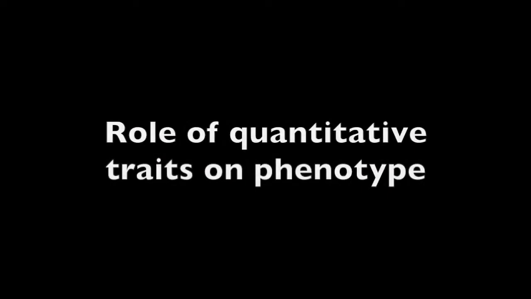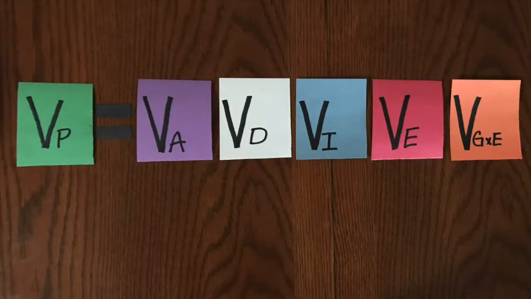Next, we will have Maggie Jean Smith discussing how phenotype expression can be altered by both genetics and the surrounding environment. In order to gain a better understanding of this concept, we will first identify the different components of phenotypic variance. VP is the total variance in phenotype.